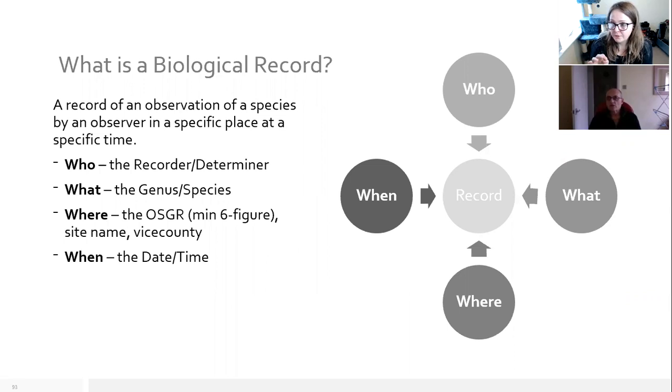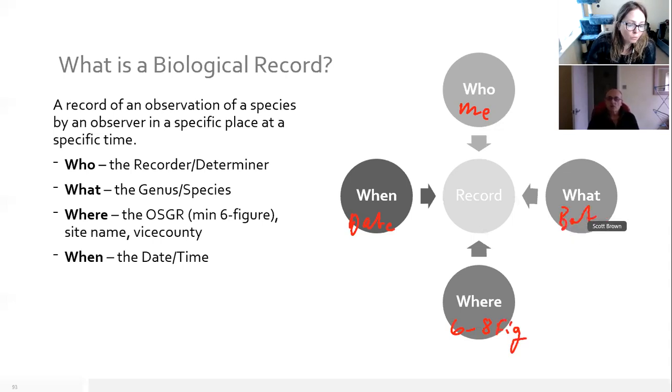Without all 4 of these pieces of information, biological record centers and any biological recorder will just chuck your record out. So you need to have all of these pieces of information.